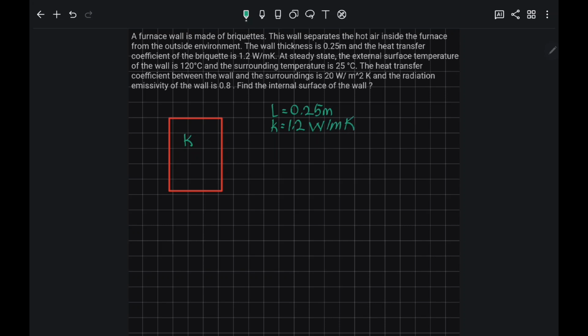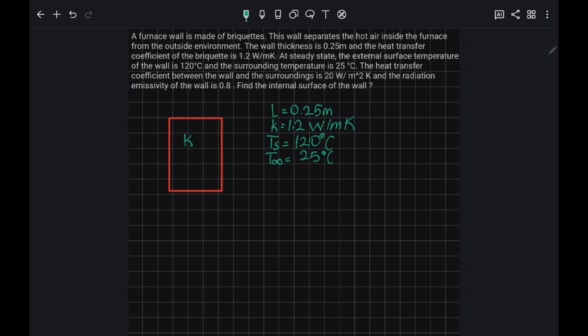The external surface temperature is 120 Celsius degree, and the surrounding temperature is 25 Celsius degree.